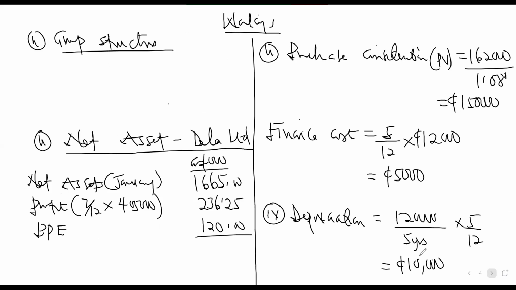determine our NCI. Okay, the NCI is a proportionate of the net asset at acquisition. So 1665 plus 236.25 plus 120. I'm having 2021.5. So NCI will be 25% of that. So what are we having as the NCI? 0.25. I'm having 505.3125.